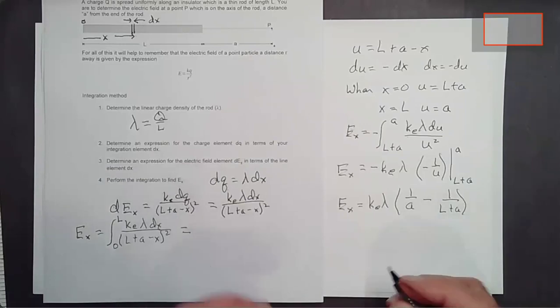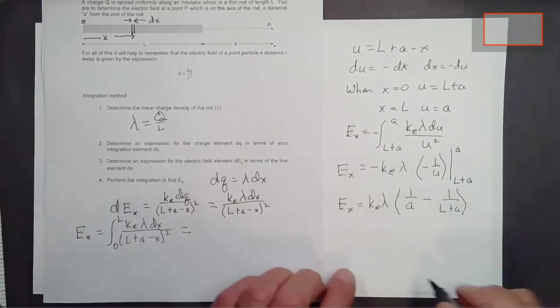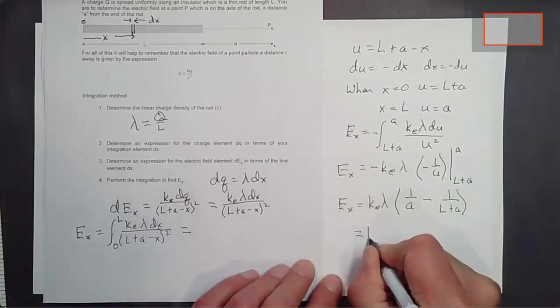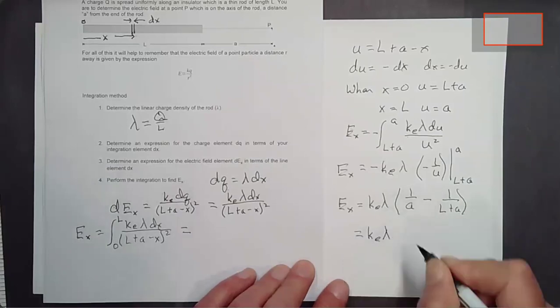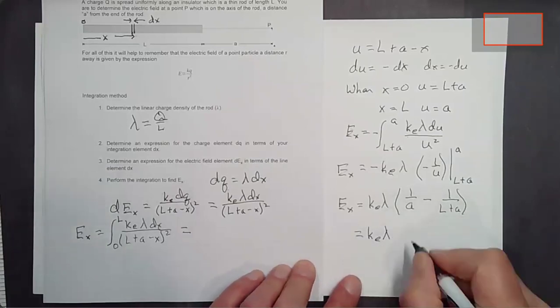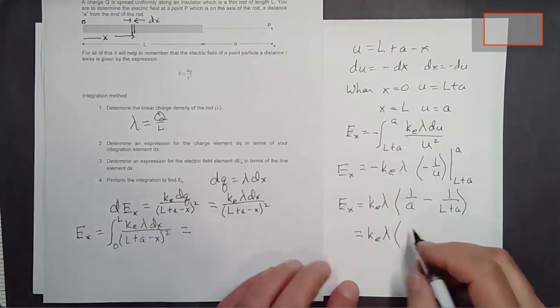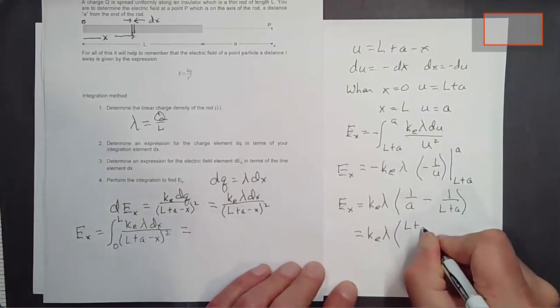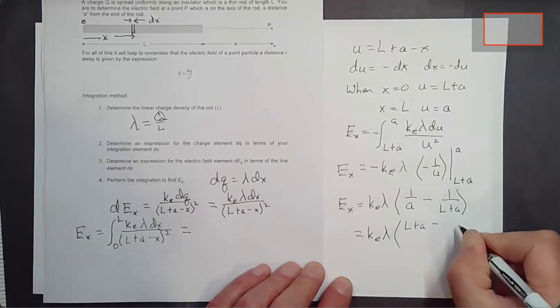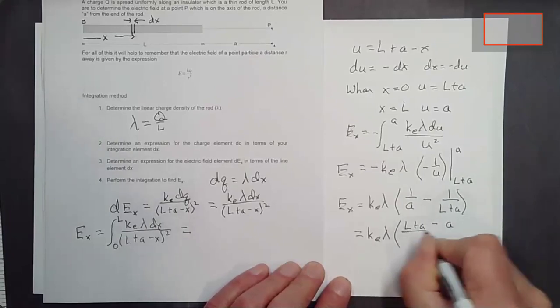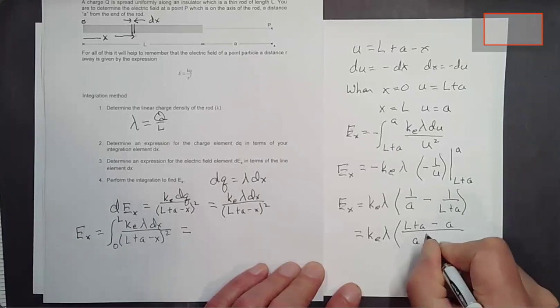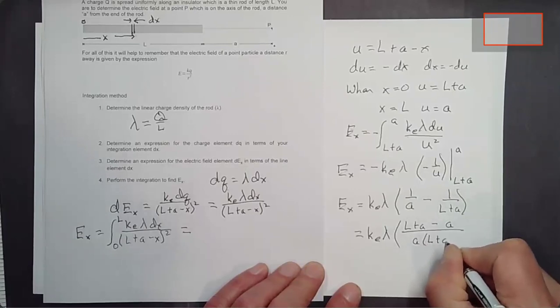And you could do tricks on this, like I could get a common denominator if you want. The common denominator would be A times (L plus A). So I'd have L plus A minus A divided by A times (L plus A).